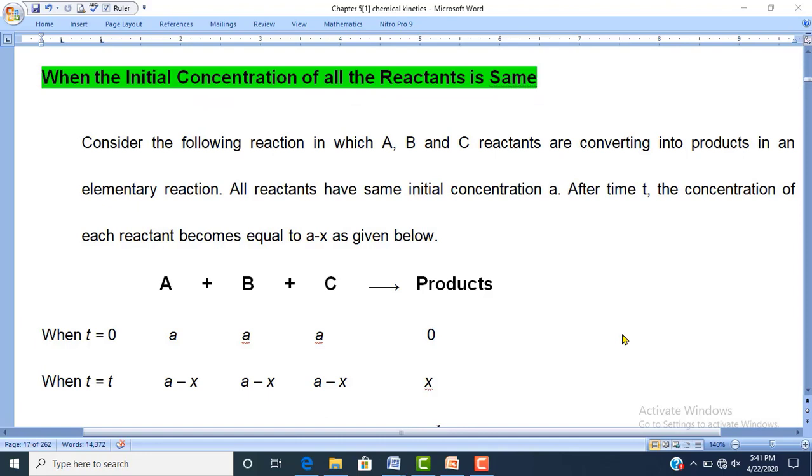Dear students, to understand the kinetics of such type of reaction, we consider that we have 3 reactants.